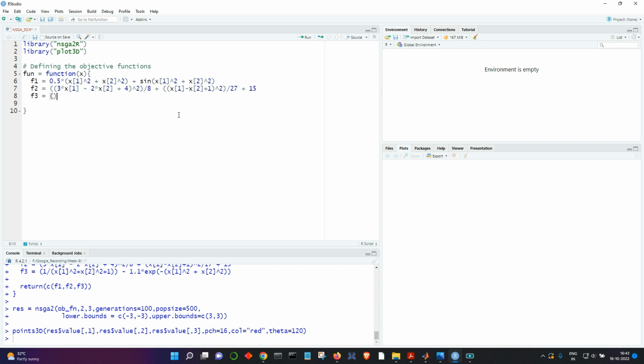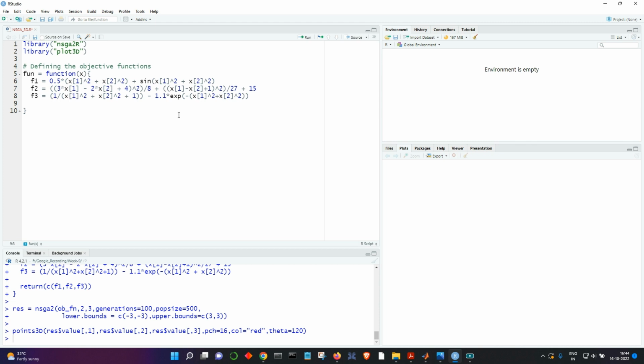F3, and then it is 1 by x1 square plus x2 square plus 1, minus 1.1 into exponential of minus of x1 square plus x2 square.